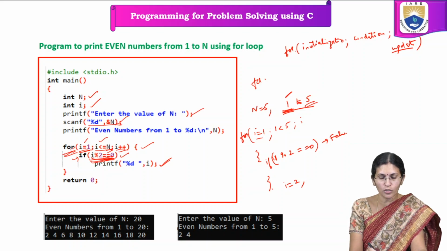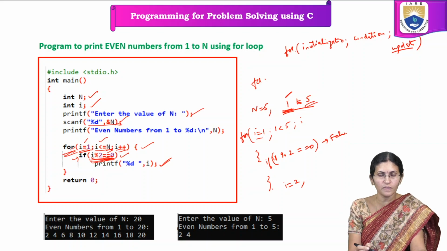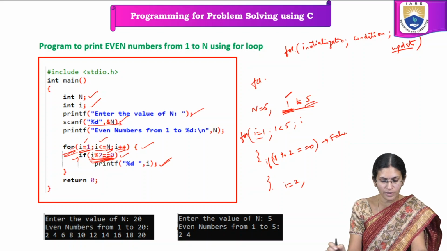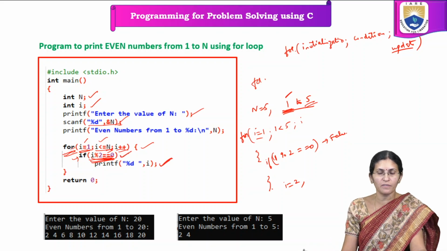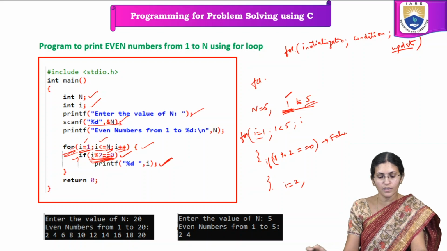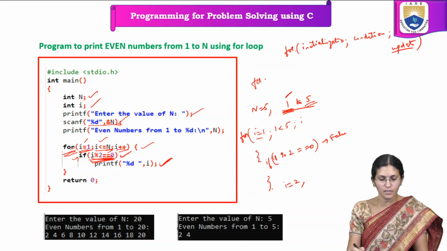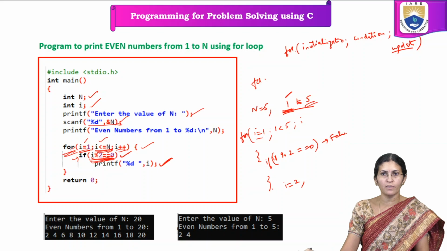Next iteration, 2 mod 2 will be checked. Third iteration, 3 mod 2 is equal to 0 will be checked. In this way, if this statement is true, then the printf statement will be executed, else the i value will be incremented by 1.